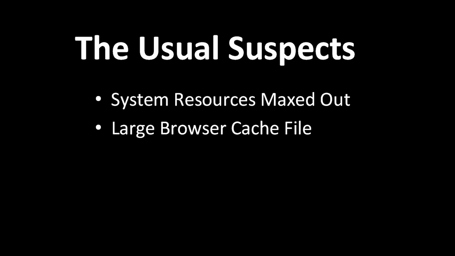That's why it's important that you weed out things like, in our last video we talked about, programs that auto start, because they're just stealing system resources. There are some legitimate background processes like your antivirus and firewalls, like we talked about. But it's really important to stay on top of your Windows startup so that way you can devote as much of your system resources that you have in your PC for things that you want to do, like surfing the internet. Another big one is when you have a large browser cache file.